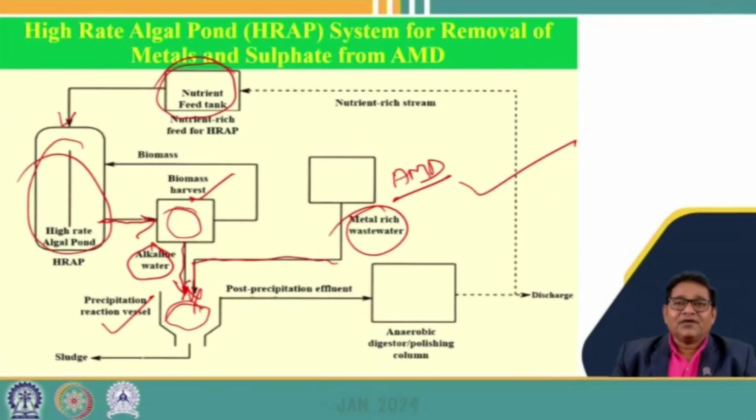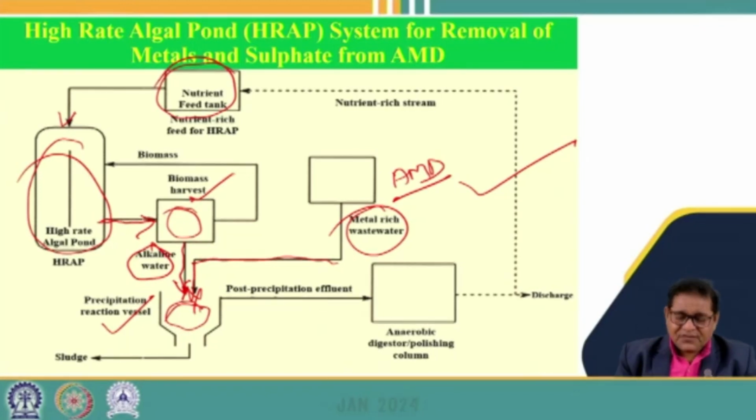Because of the high pH of alkaline water and low pH of acid mine drainage, when they are mixed they will neutralize each other, and the ratio of addition of the two waste streams is set in such a way that we get at least a neutralized range of pH.